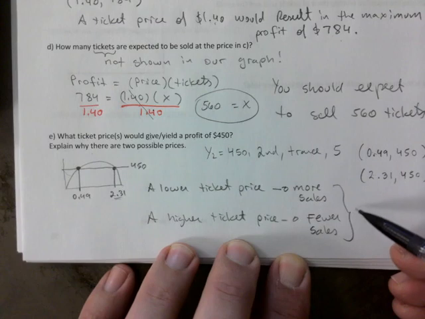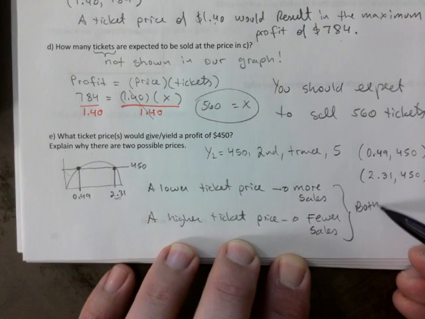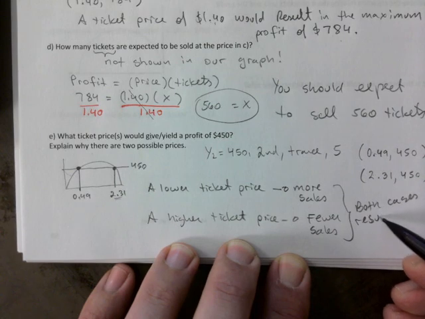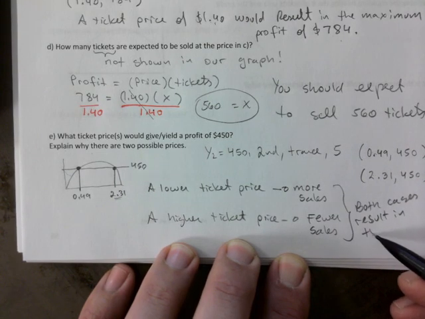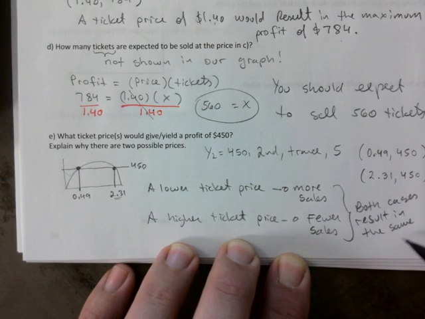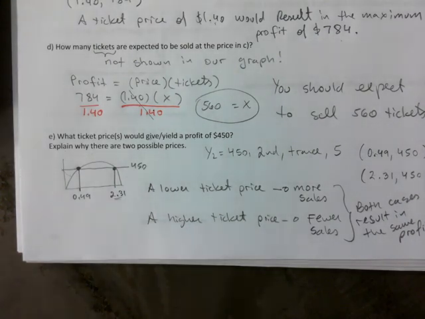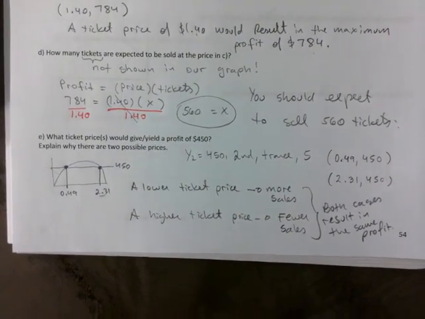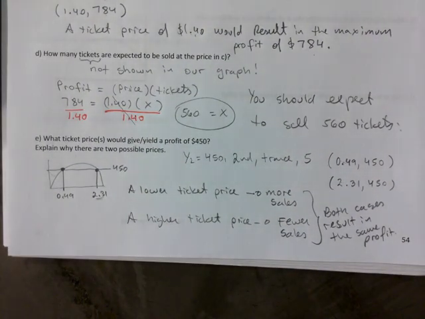But both cases result in the same profit. Right? So both of these cases, either you go cheaper or more expensive, will end up giving you the same profit. And there's that relationship between price and number sold, right?